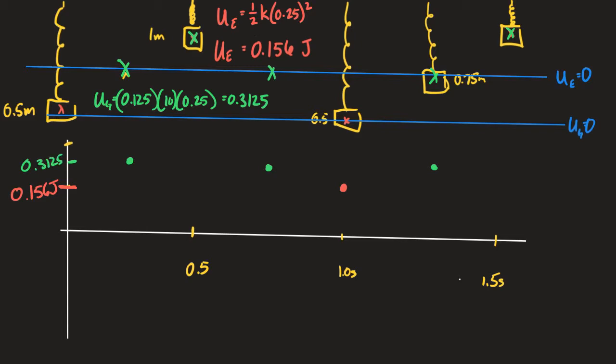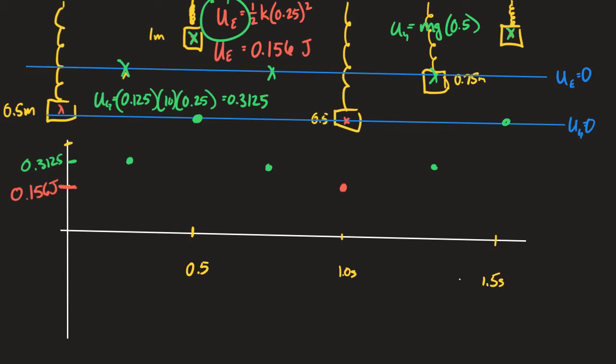And lastly, when it's way up high, it's got gravitational potential energy equal to mgh, where h is now 0.5, which I would assume is just twice as much as I had before, so that's 0.625, because I'm twice as high. But also, at all of these spots, I have elastic potential of 0.156 plus 0.625, so that's going to be almost 0.8, which means I'm going to have a dot way up here for those.